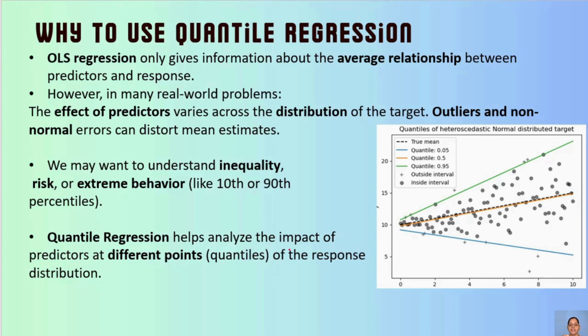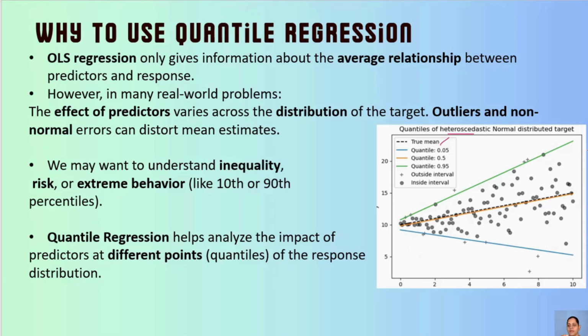Quantile regression helps me analyze the different impacts of predictors at different points, based on your response variable. You can see the same kind of example I have shown here. You can see heteroscedasticity with a normally distributed target, and how my points are distributed. It's not looking good, right?